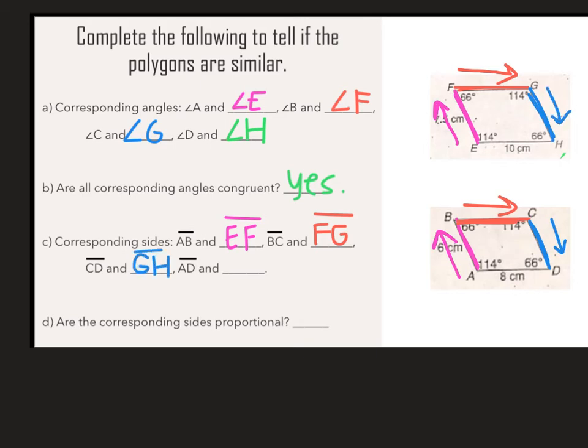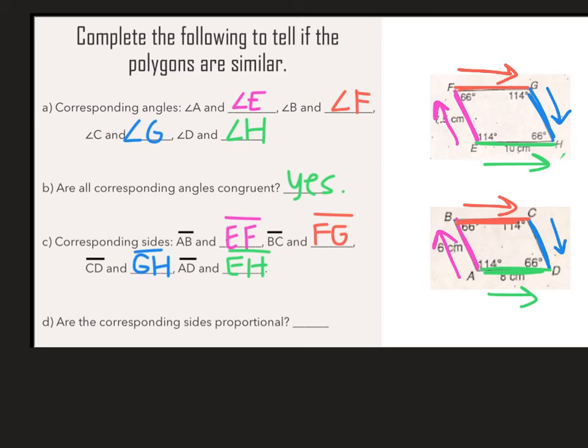And then last but not least, AD corresponds down here. So be careful, they tried to trick you on this. AD and EH are corresponding sides.